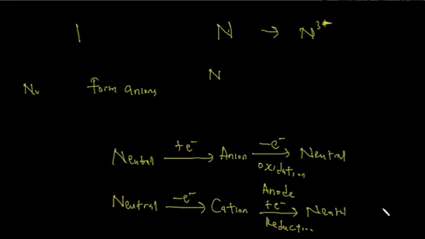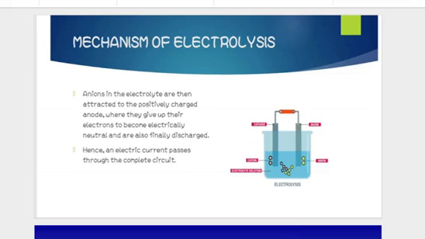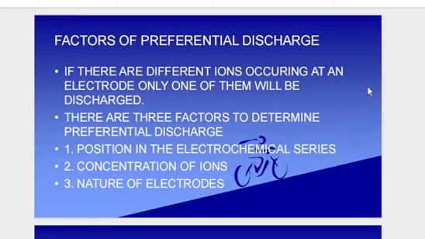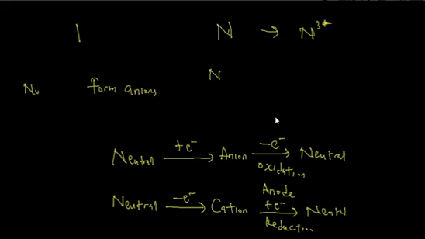Now, having said this, the next aspect of our study, are you guys still with me, that we are going to get into is what we refer to as preferential discharge. So please, write this one down. Factors of preferential discharge. Now, before you write down, listen.